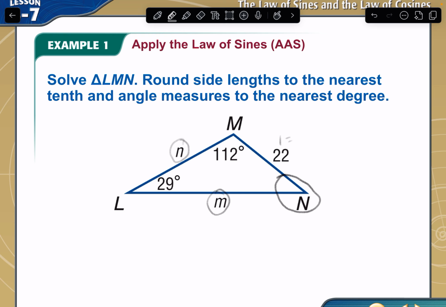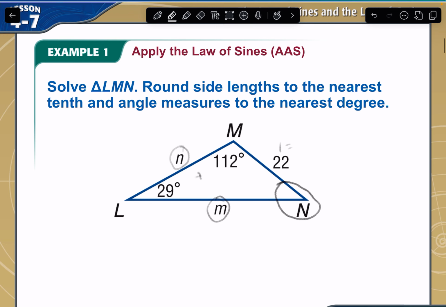So the first thing we're going to do is add your 112 and 29, which will give you 144. Then I'm going to subtract that from 180 and get my missing angle measure. Whenever I do that, I get that the angle measure for N is 39.